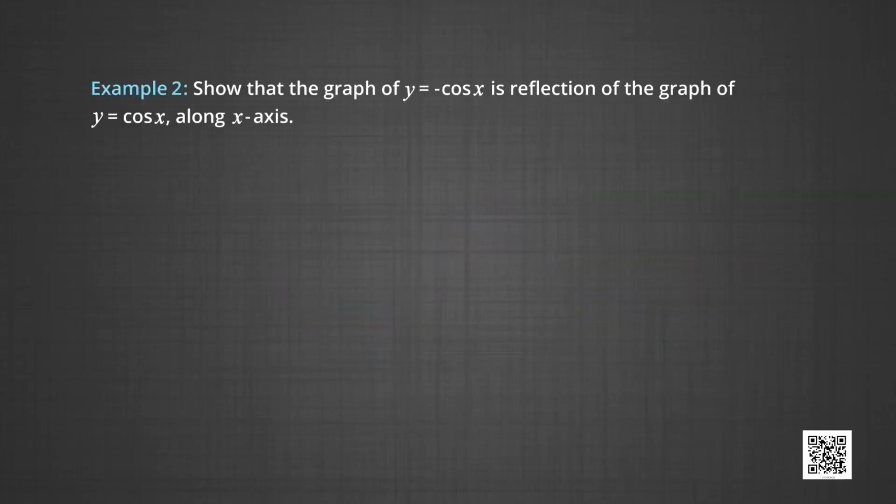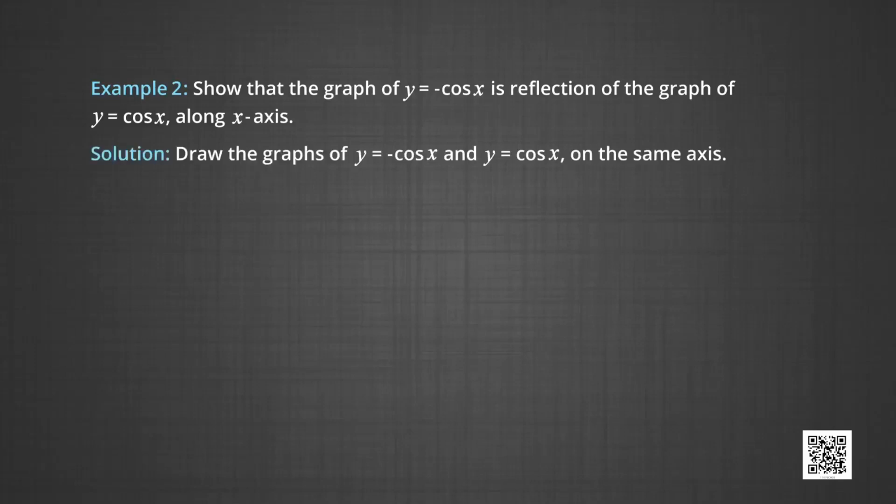In example 2, we will show that the graph of y = minus cos x is the reflection of the graph y = cos x along the x axis. Now, we will draw the graphs of y = minus cos x and y = cos x on the same axis.